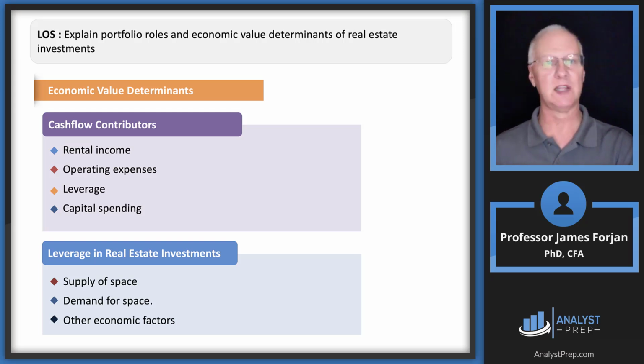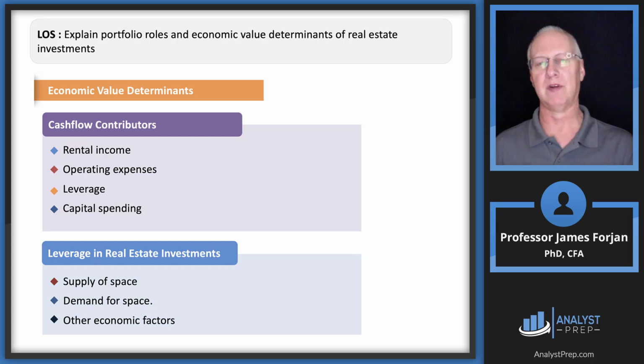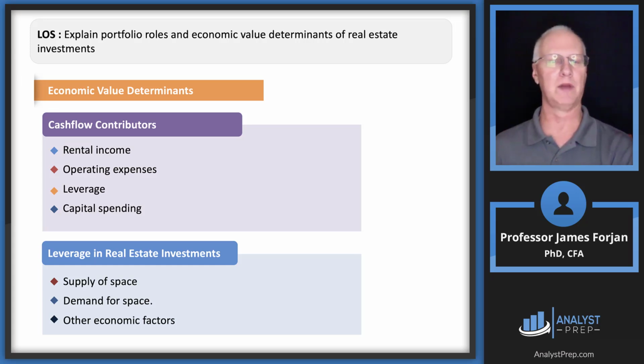But then since real estate tends to be so highly leveraged, we need to worry about the cost of debt. We need to worry about the amount of debt. So we have leverage there. And then capital expenditures, of course. If we own a miniature golf course, we have all these kids putting and taking the golf club and smashing it onto the carpet for each hole.